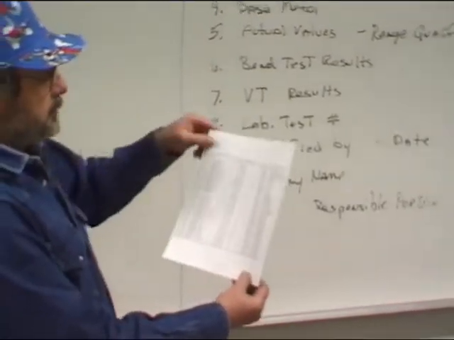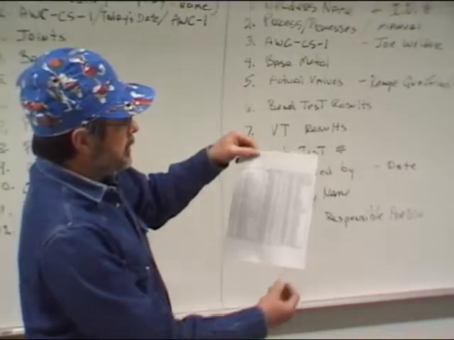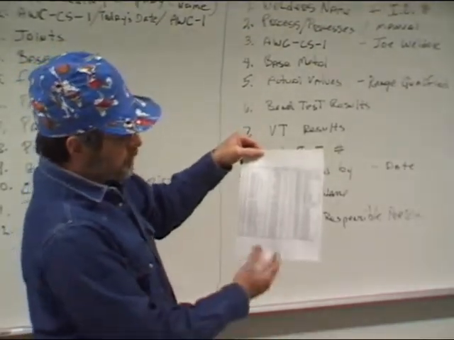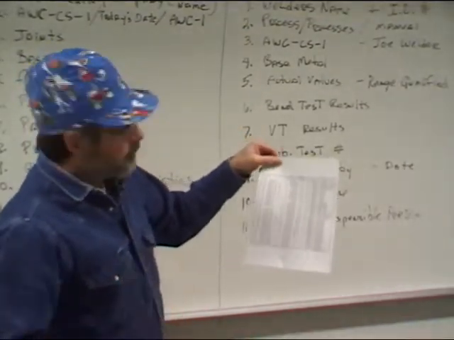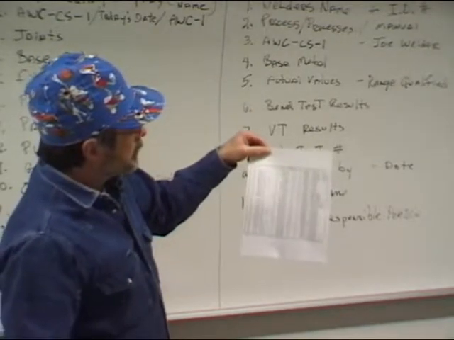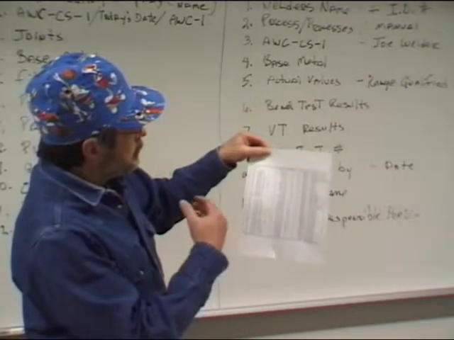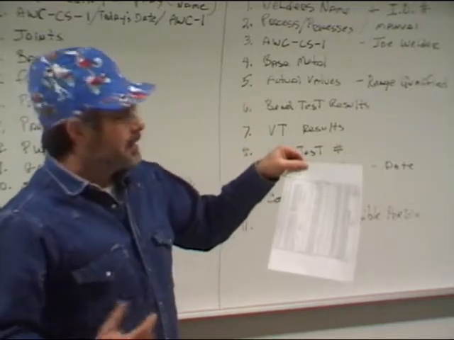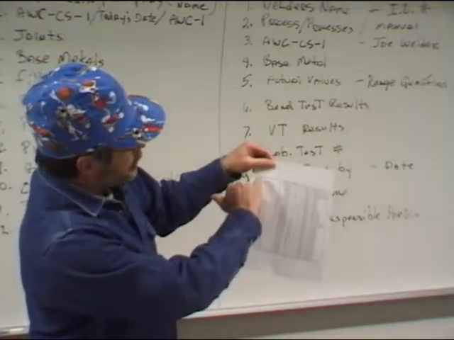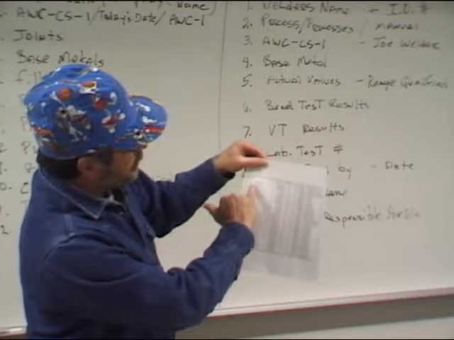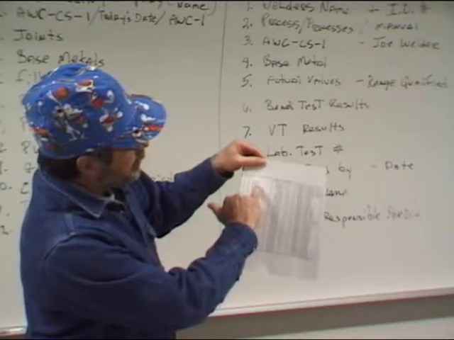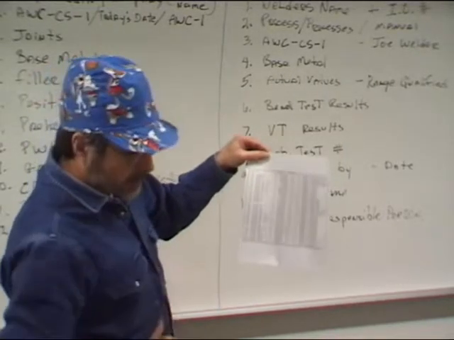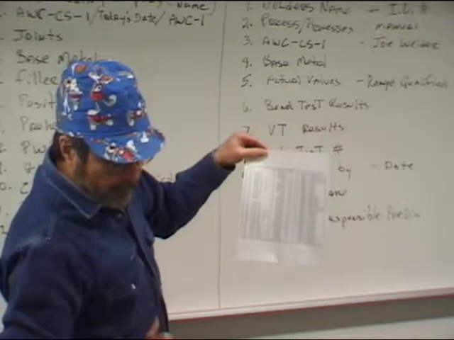Now, there's an awful lot of different types of product forms out there and metals. And this just happens to be one that I printed off of my computer. I have a program and I printed this off. And typically we would use SA 106 grade B. So I want you to come down here and find SA 106 grade B on your materials database sheet that should be in your packet.